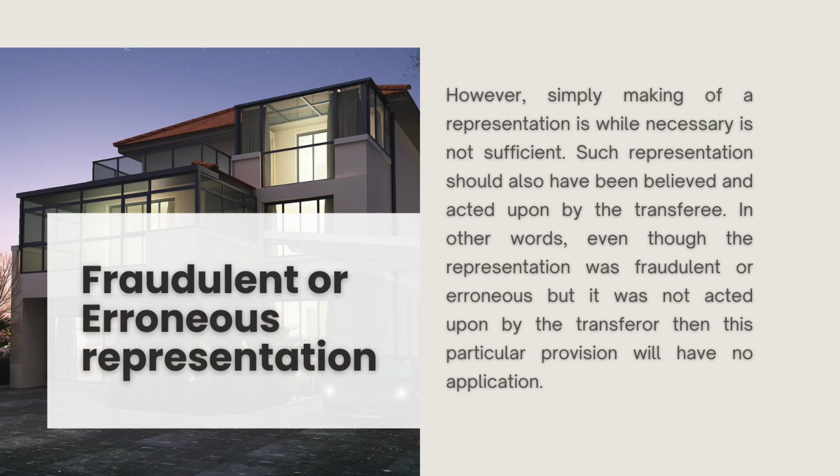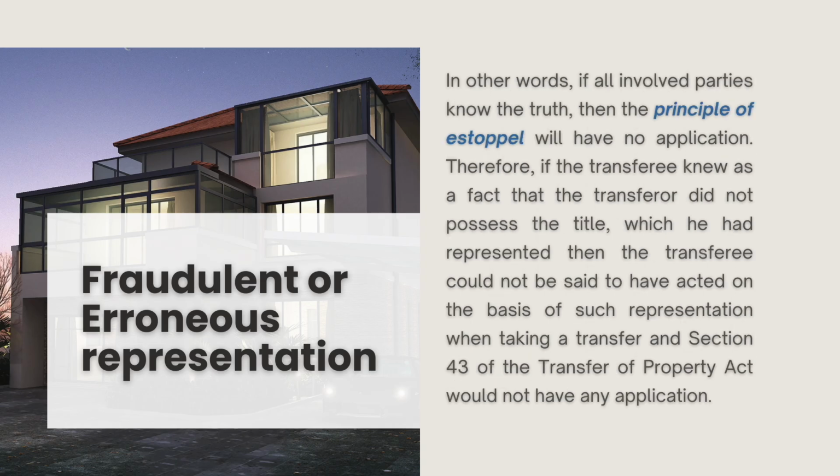So, in other words, even though the representation was fraudulent or erroneous, but it was not acted upon by the transferor, then Section 43 has no application. To put it differently, if all involved parties know the truth, then the principle of estoppel will have no application.